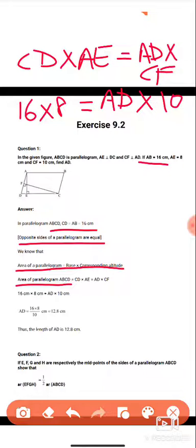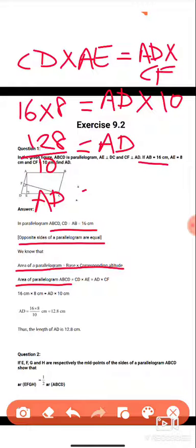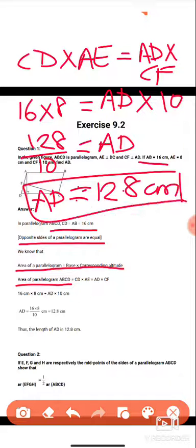Now if you want to find AD, keep AD as it is and bring this 10 to the left hand side, so it will be in division. 16 times 8 is 128, divided by 10, that equals AD. So your AD will be equal to 12.8 centimeter. This way you will get your answer for AD.